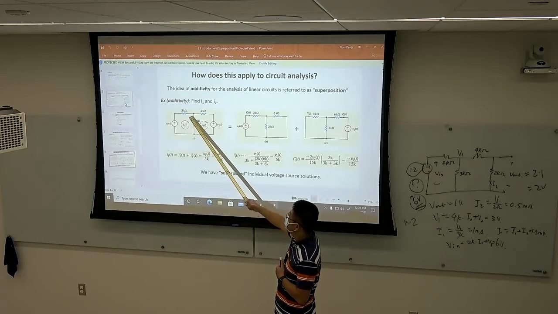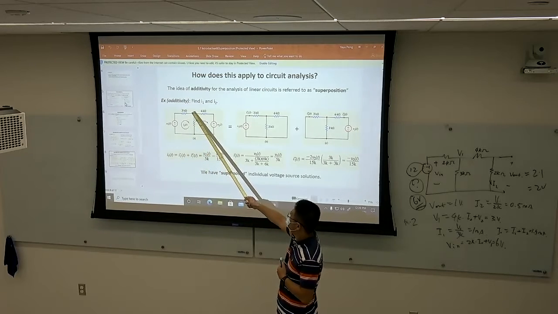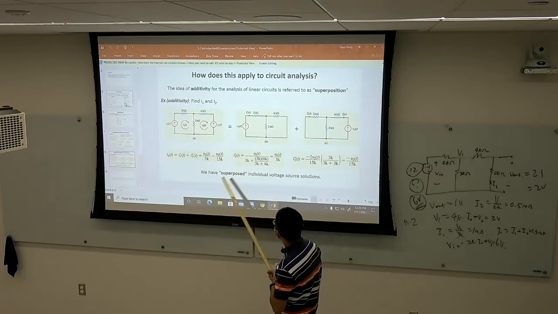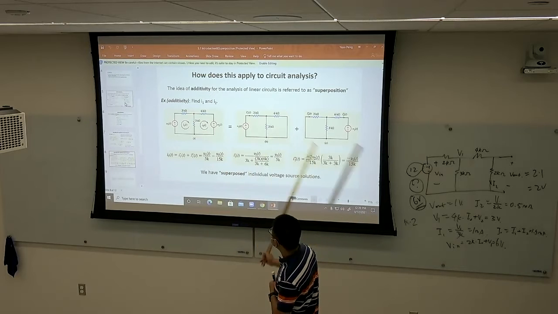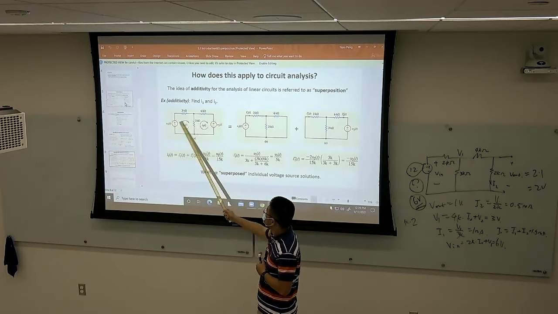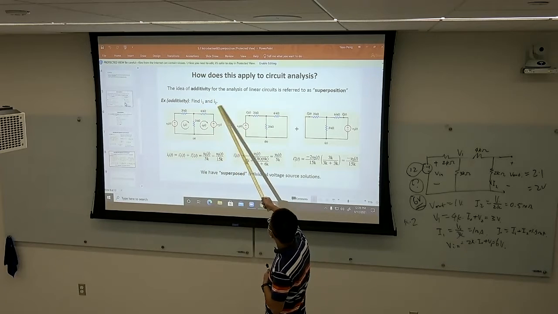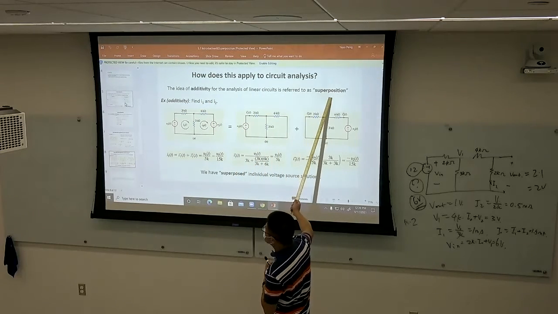Once we have all the node voltages, we can calculate the current. But now it has two voltage sources, so we can use the additivity of the circuit. This is also called superposition.